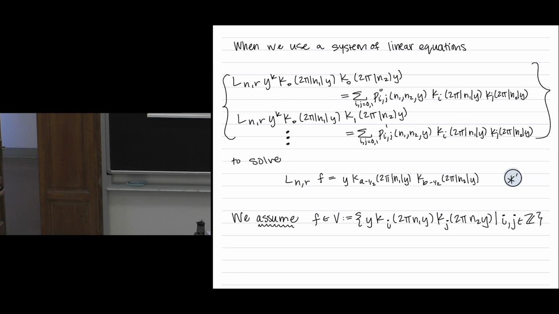In our construction that Ksenia and I did to do a bunch of these computations, we basically assumed f is going to be in something like this basis. But in fact, depending on which cases of A and B and which eigenvalue you're looking at, this basis really breaks down into two different vector spaces that are kind of disjoint.